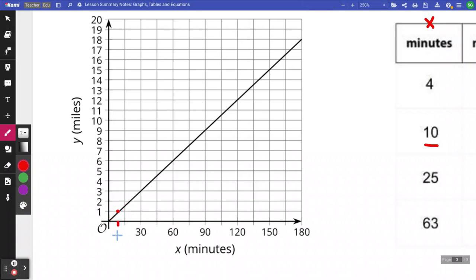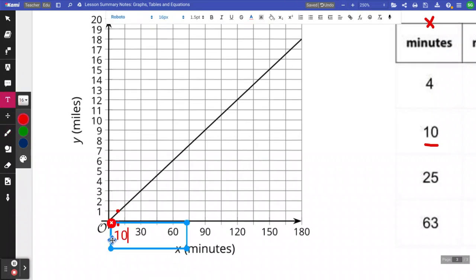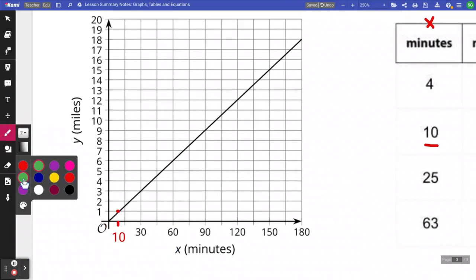So I'm seeing when x is the number 10, and let me write in that 10 as well, with a very large 10, we've got y is the number 1. So I'm going to 10, going up to my line, and then going over to see what that y value is. If I was asking for an easier number, maybe I was asking you about 120, the process would be the same.